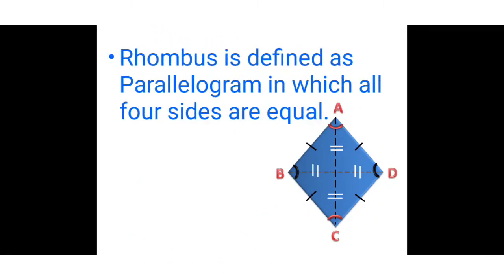So we will say rhombus will be defined as a parallelogram in which all four sides are equal. Rhombus shows all the properties of parallelogram, but one thing that is different from parallelogram is its side. Parallelogram has opposite sides that are equal, whereas in rhombus we have all four sides that are equal.